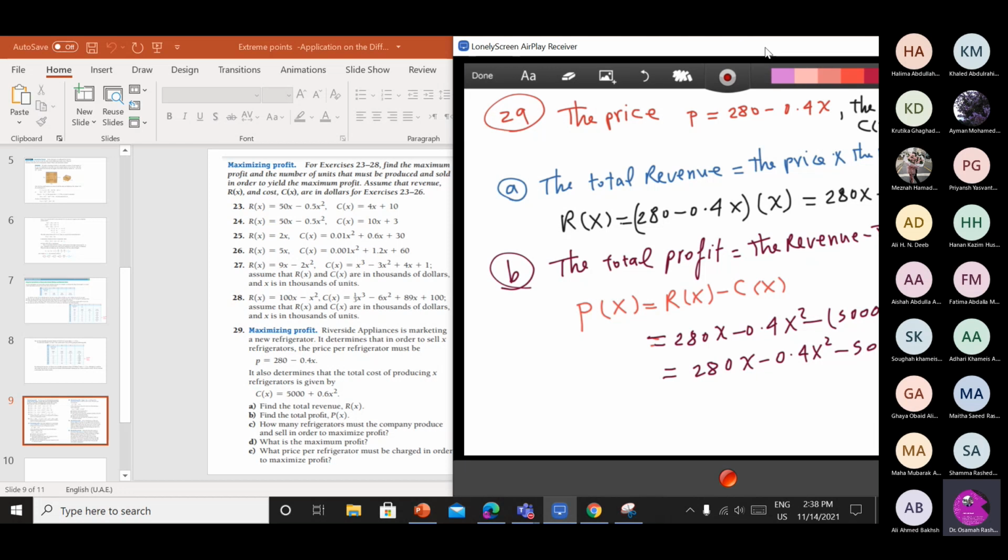Now I'm just collecting similar stuff together. I have minus 0.4x squared minus 0.6, so when I'm adding minus 0.4 plus minus 0.6, I have minus 1. Now I'll go for x. I don't have any x to add, so I have 280x. And I don't have any number to add to the 5,000. So I have minus 5,000. Now I got the profit over here.